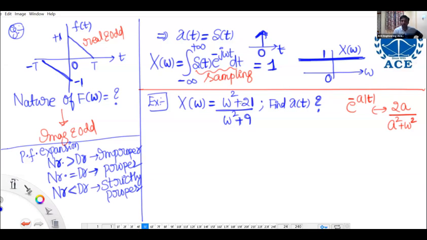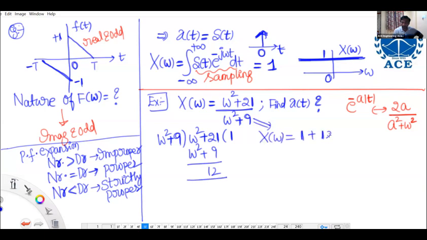This is a proper function. Convert that to strictly proper by performing normal division of numerator by denominator. Omega square plus 21 divided by omega square plus 9 gives 1 plus 12 by omega square plus 9.